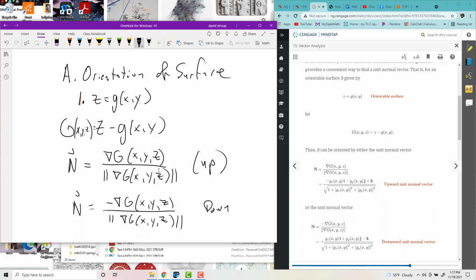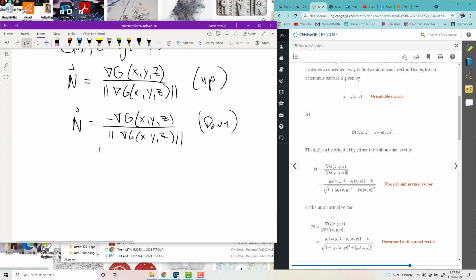Okay, so that's the z version. Then the parametric version. Of course, you're just doing cross products of partial derivatives, then dividing by the magnitude again. So for the normal, it's the cross product r_u cross r_v, all over the magnitude of r_u cross r_v. Again, unit normal vector.